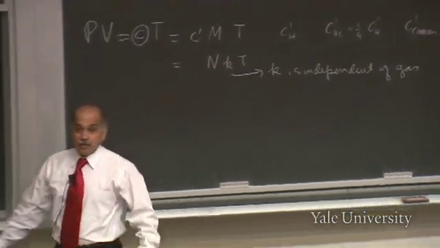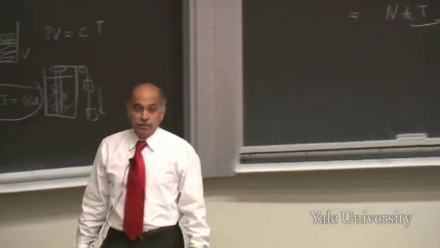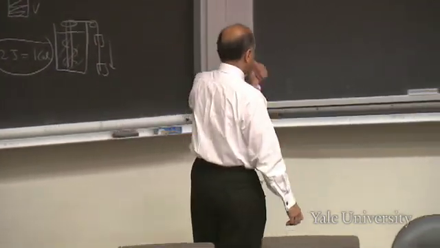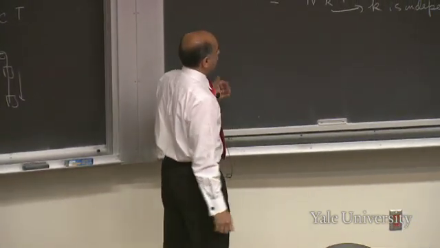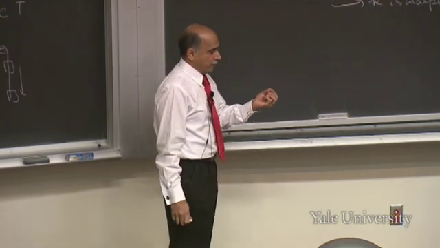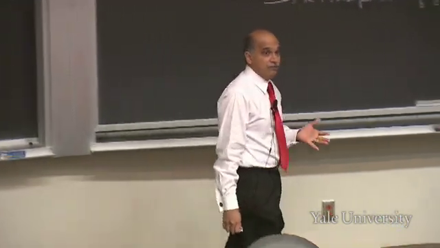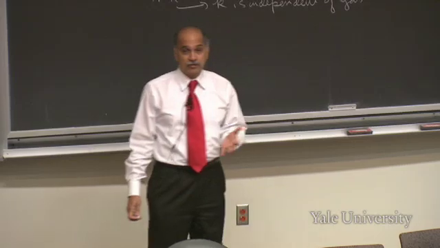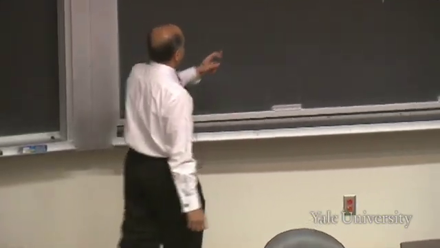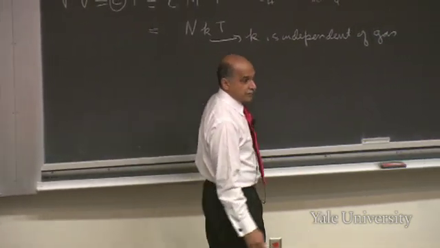So you couldn't have written it that way till you knew about atoms and molecules. And people were led to atoms and molecules by looking at the way gases interact. And it's a beautiful piece of chemistry to figure out really that there are entities which come in discrete units. Not at all obvious in the old days that mass comes in discrete units called atoms, but that's what they deduced. So this is called the Boltzmann constant.